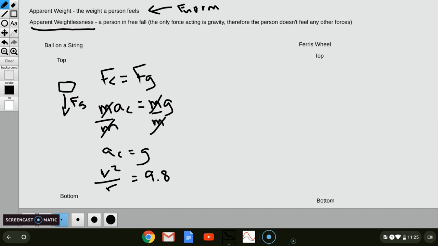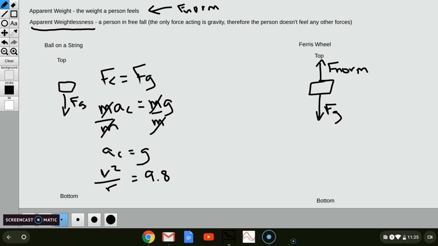Now let's go over and look at a Ferris wheel. If we go look at a Ferris wheel, we have a force of gravity down, but the normal force is usually up. Again, the force we feel is the normal force.